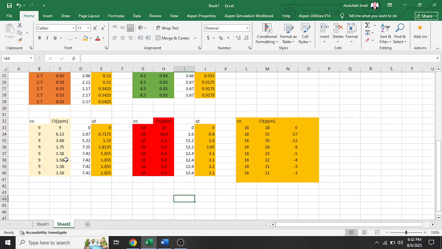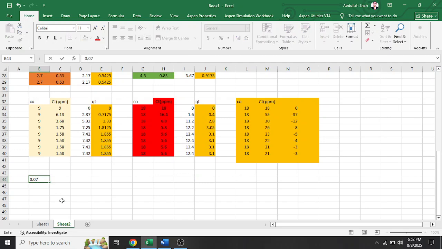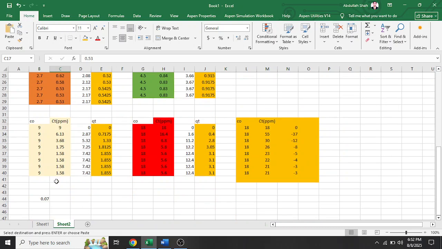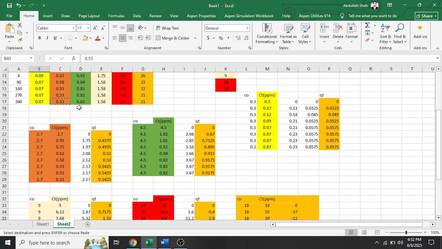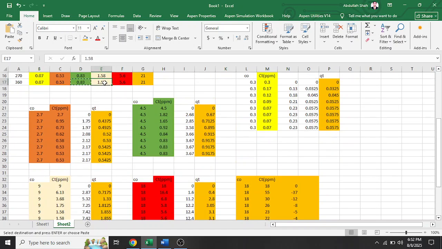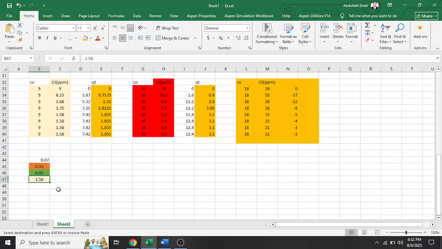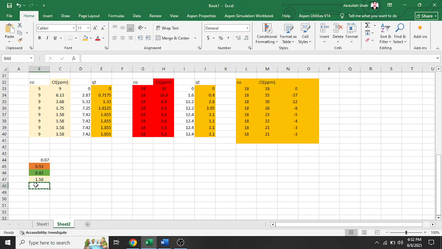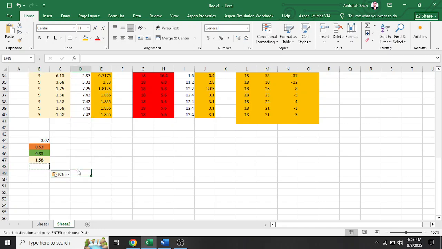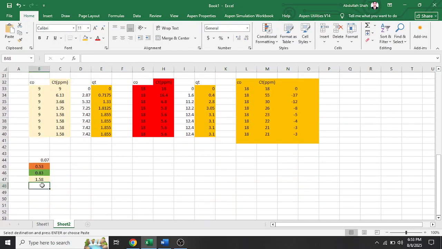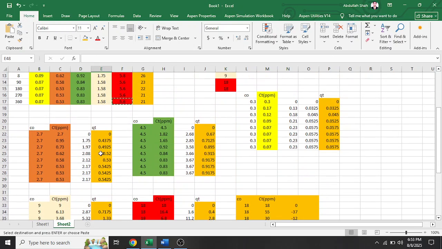These are the Ce: 0.07, 0.53, 0.83, 5.6 and 1.58.